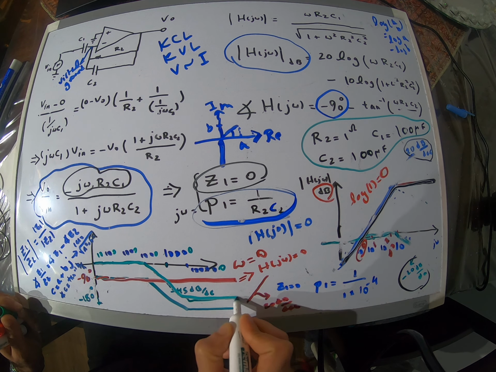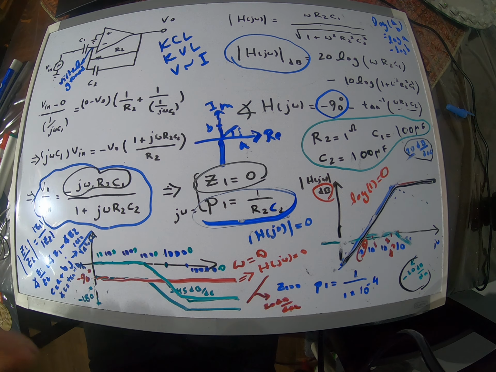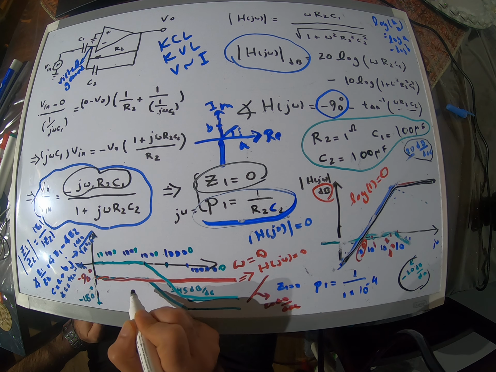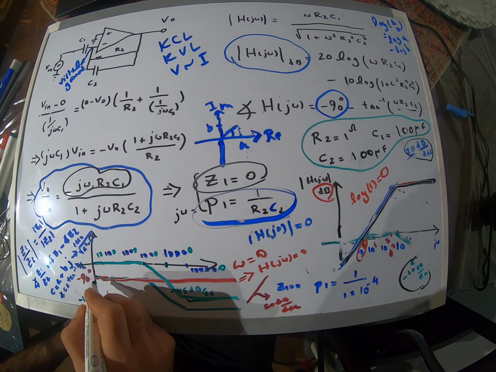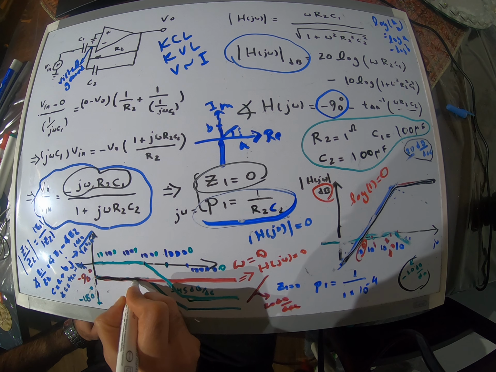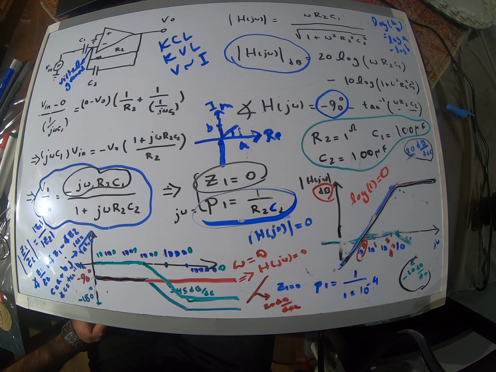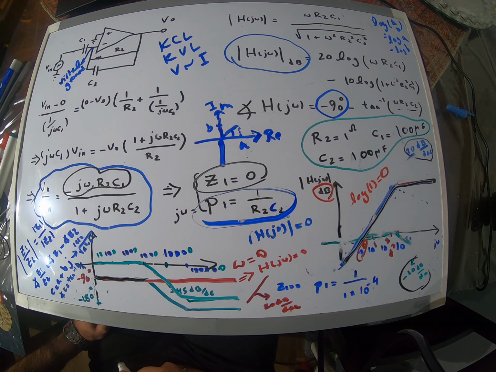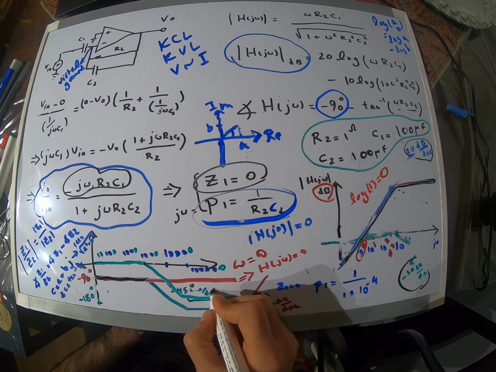Right? So up to this point, if I again draw this in black, up to frequency 1000, the pole's impact is nothing, right? So we're going to have 90-degree phase up to this point, and then the pole causes the phase to drop down at the rate of, what's the rate? Negative 45 degrees per decade, right?